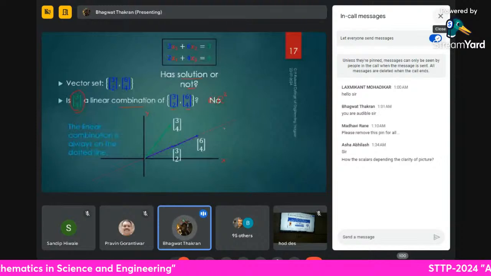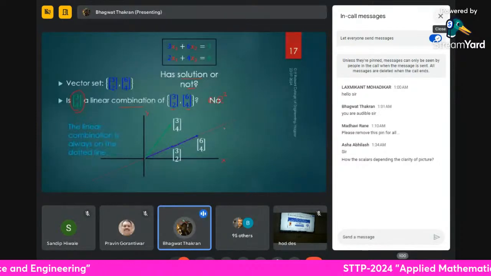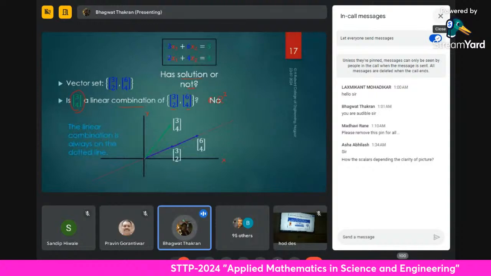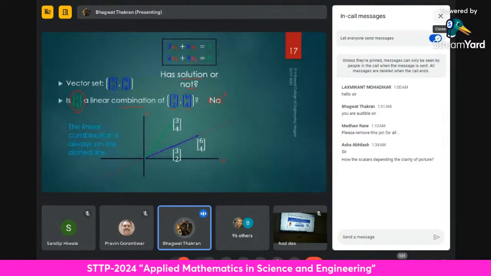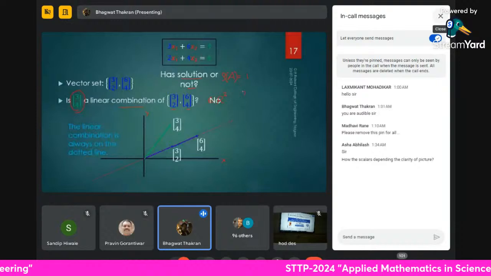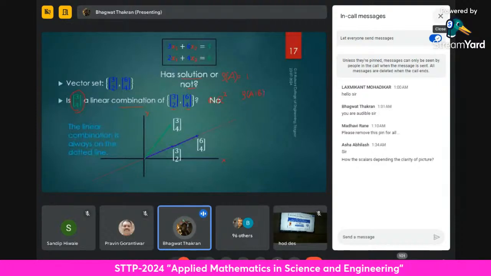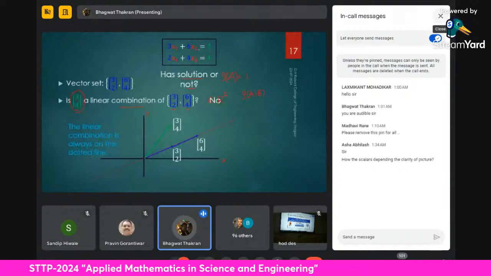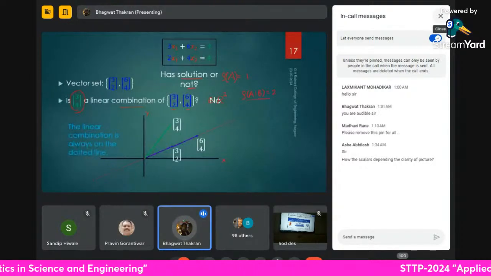And we can check based on consistency also. Right? The rank of this matrix A is 1. What we say? Matrix A is having rank 1. Whereas if we take the augmented matrix AB, which is the combination of A matrix and B matrix, its rank you will always find to be 2.